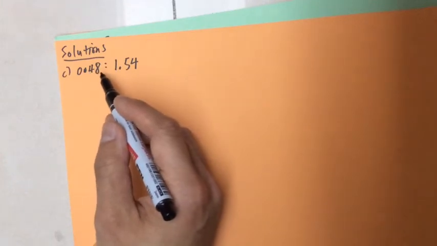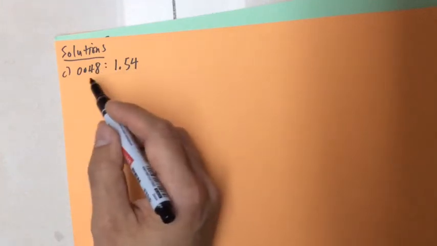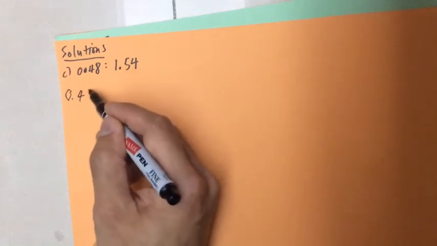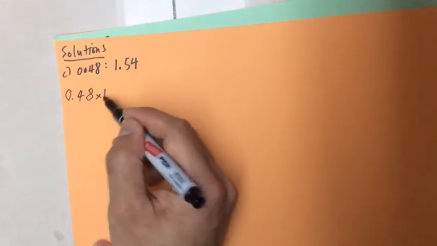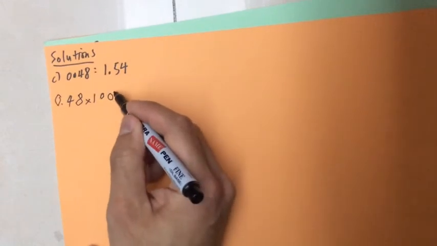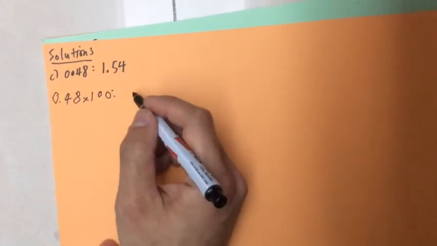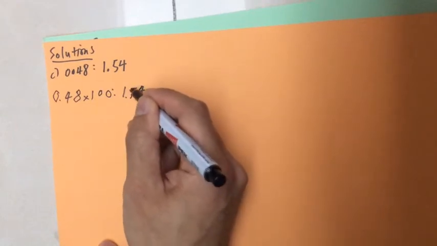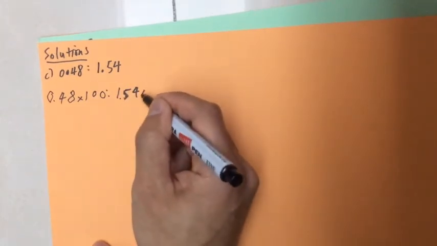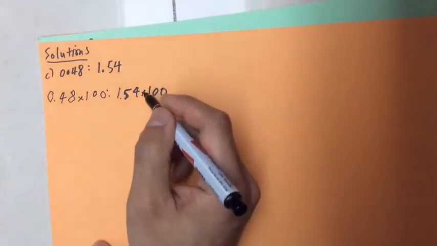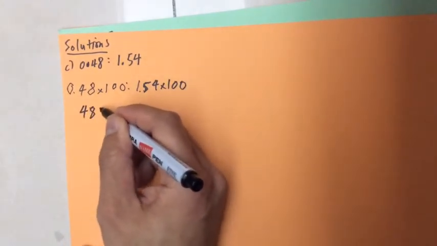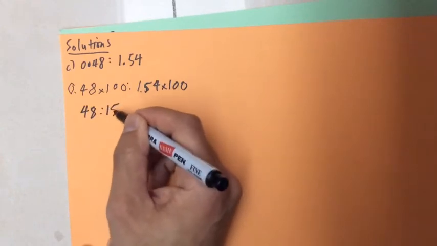Now, we see there are 2 decimal places in each number, so we can multiply both numbers by 100. Okay, so 0.48 times 100 and 1.54 times 100.